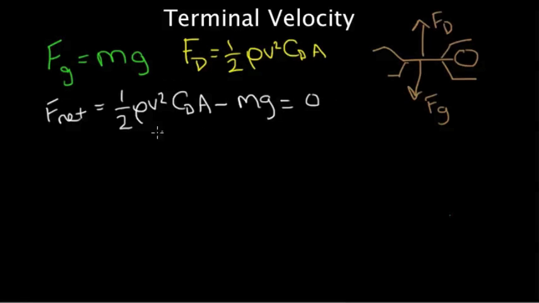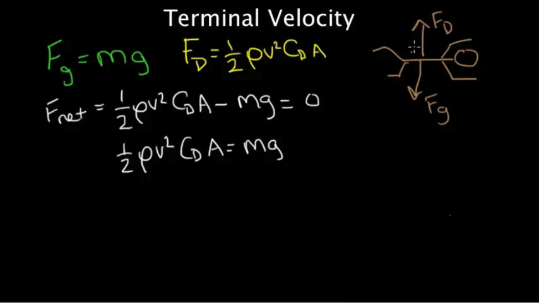Okay, so now I can move mg to the other side. I get 1/2 rho v squared cd A is equal to mg. So what I'm doing is I'm actually setting these two forces equal to each other. Okay, and then I can solve for v. If I'm trying to get velocity by itself, I can divide by rho, cd, and A, and I can multiply by 2.